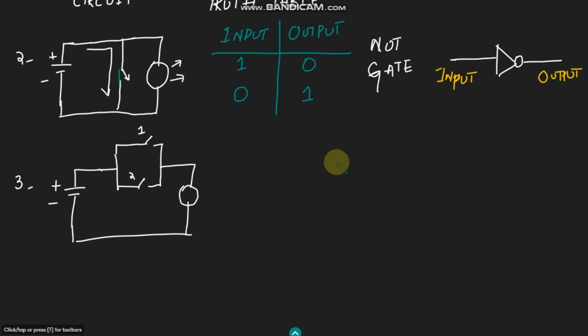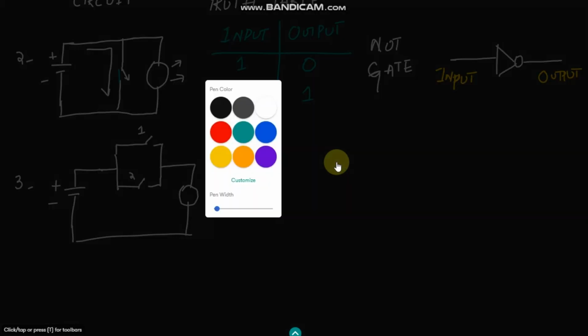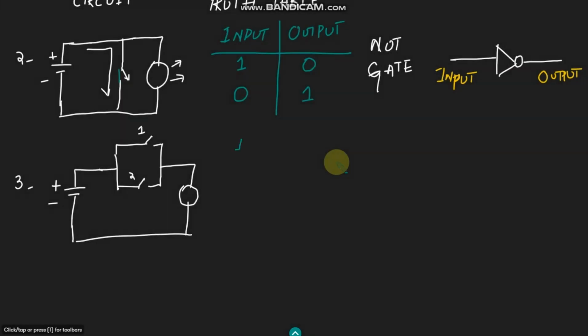Okay, so what will happen if this is the voltage source and in order to flow the current from this end to this end, we have now two paths. If any of the paths is now shorted, all the current will flow through it and the bulb will glow. Okay, so again here let me have this input here, output here, but there is a scenario that now we have two inputs.